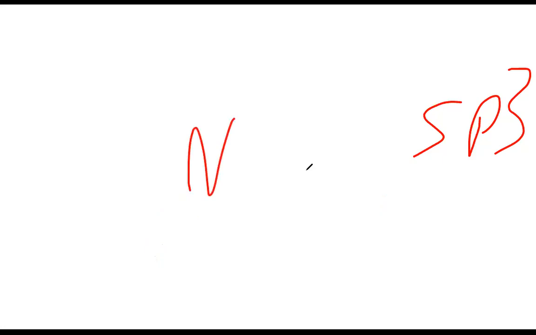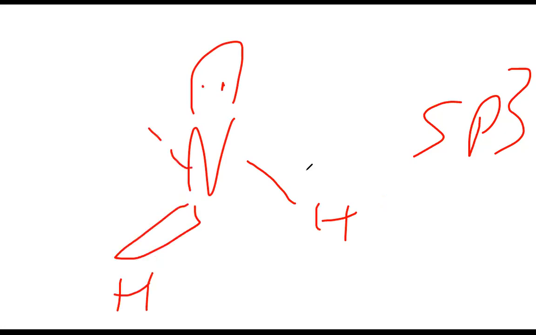It's only making 3 bonds, but it's got 4 electron groups, one on top, one on the side, one coming out at you, one going back behind. Okay, there's NH3, and NH3 is sp3 hybridized too because it's got those 4 electron groups and they're tetrahedrally arranged.